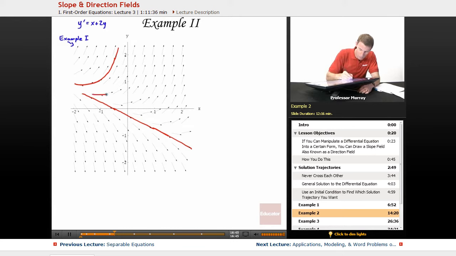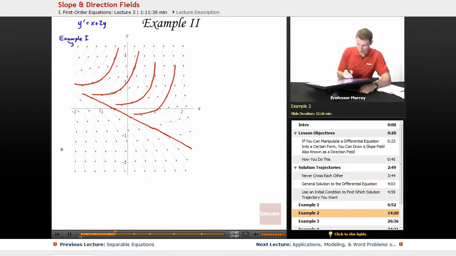So let me draw a few more of these. Whenever I go near an arrow, I need to be following the slope dictated by that arrow. So here they start out more gentle, but they still end up going uphill. And all the ones above this line seem to be ending up going uphill.